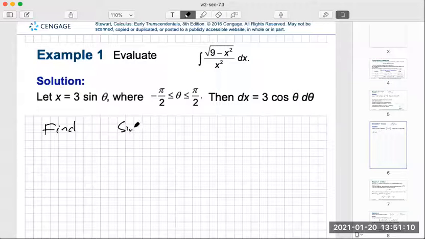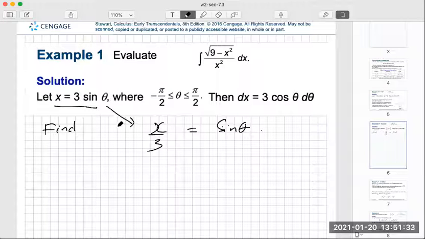If we take sine inverse of both sides of this equation, what do we have? Yeah, let us divide by 3 first. x over 3. We know from this relation here, right? And at some point, we need to find theta in terms of x here. We will take the inverse of both sides.